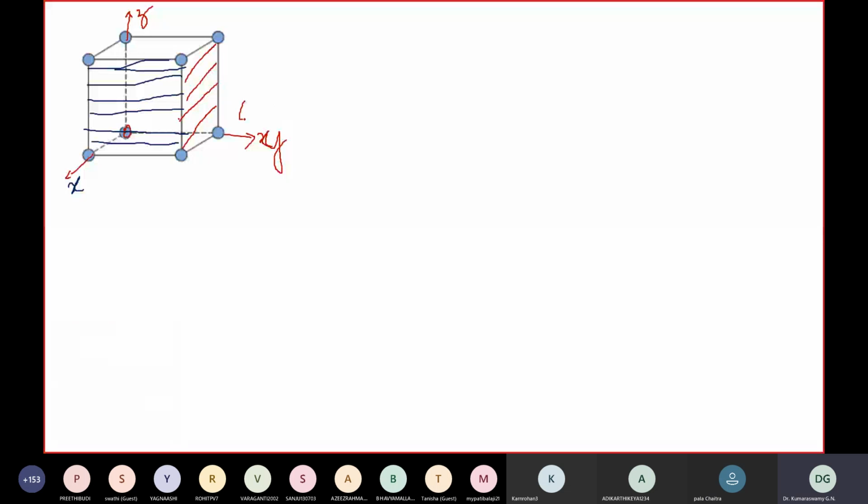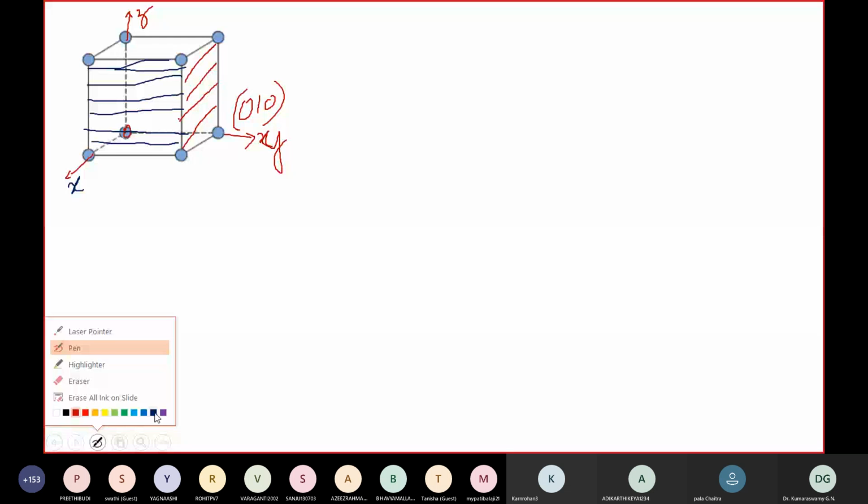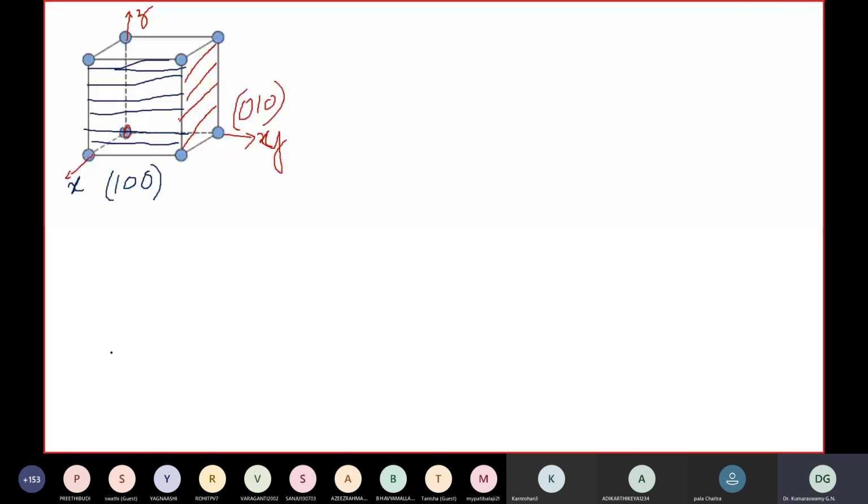This becomes 0 1 0. Okay, so this becomes 1 0 0. And the top one, this one, becomes 0 0 1.